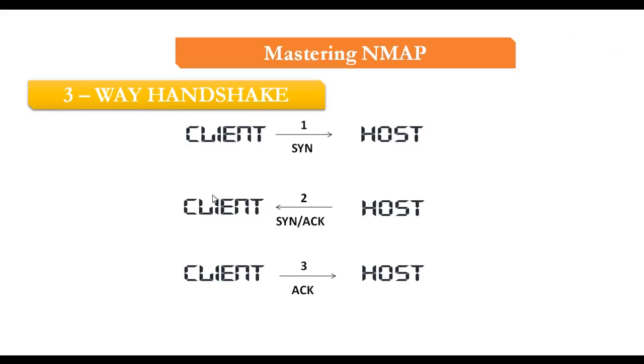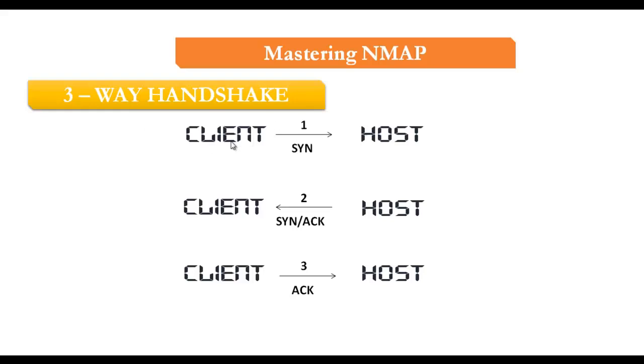Now let us try to understand how we can use Nmap very effectively. There are a couple of types of scanning techniques. Before understanding them, let us understand what the three-way handshake is. If we have two systems, in order for them to communicate, they have to establish a connection.